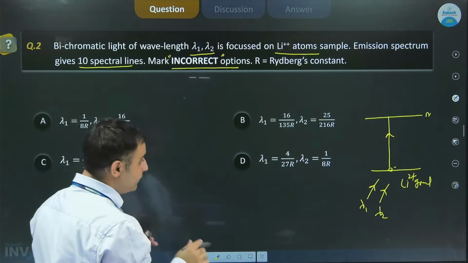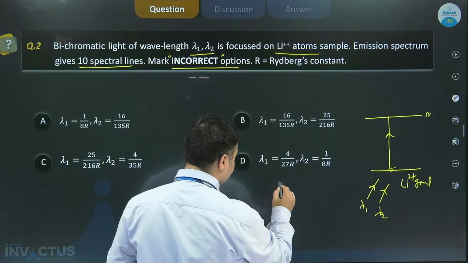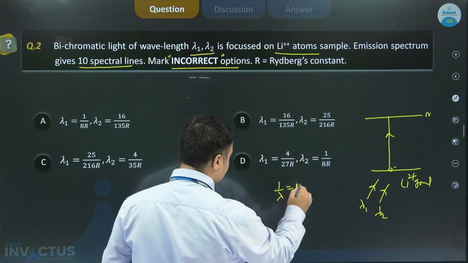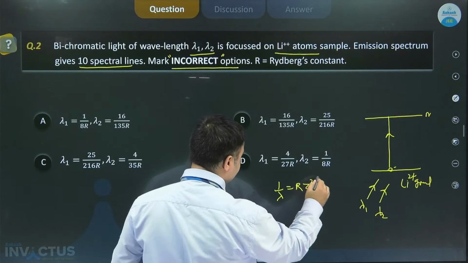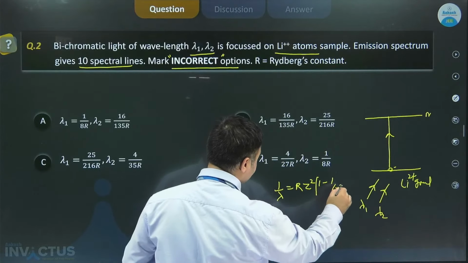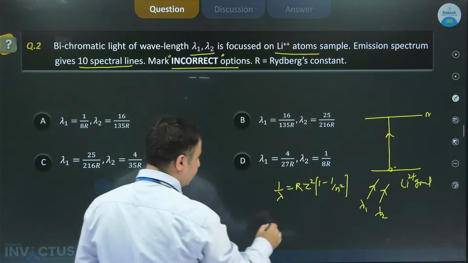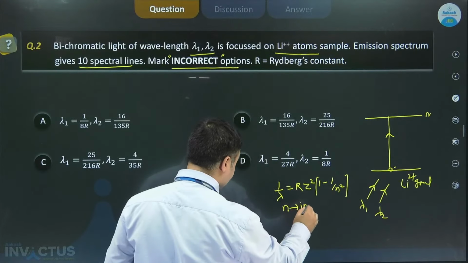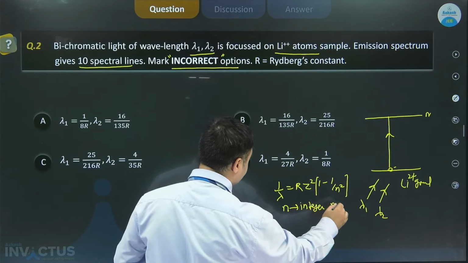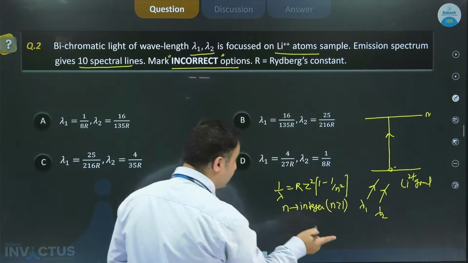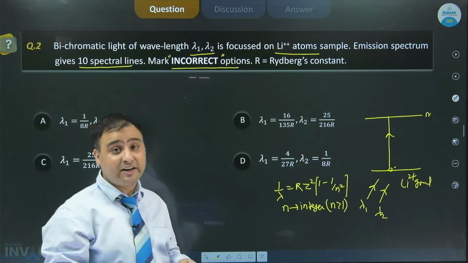So for absorption of a wavelength, 1 by lambda is equal to R Z square (1 minus 1 by n square). Here n should be integer and should be greater than 1. वही वेवलेंथ एब्जॉर्ब होगी जिसके लिए n इंटीजर आएगा.